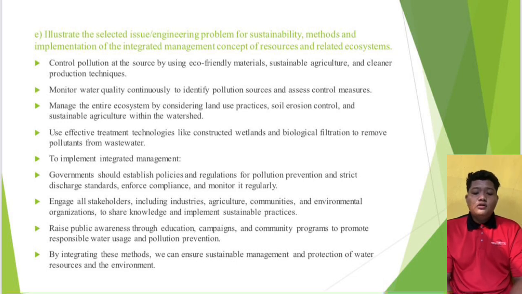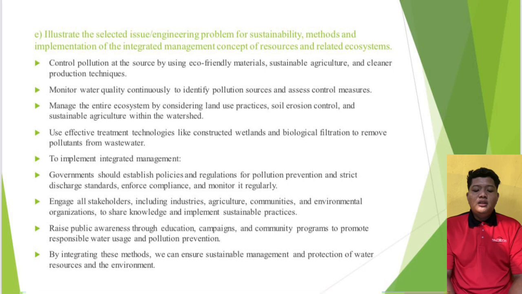First, control pollution at the source by using eco-friendly material. Next, monitor water quality continuously. Next, manage the entire ecosystem by considering land use practice, soil erosion control, and sustainable agriculture within the watershed. Next, use effective treatment technology.